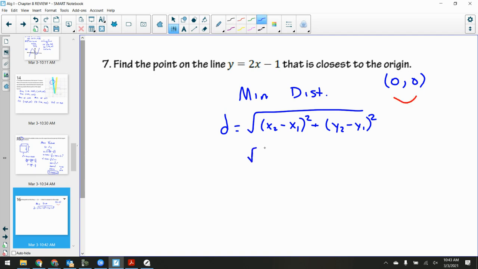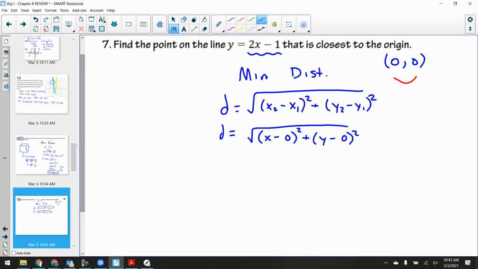So what we're going to do is plug in. We're going to have x minus 0 squared plus y minus 0 squared. I can take away the y1 and the y2 because I plugged 1 point in, so there's only one x and one y. Now, to get it down to only one variable, I know that y is equivalent to 2x minus 1.